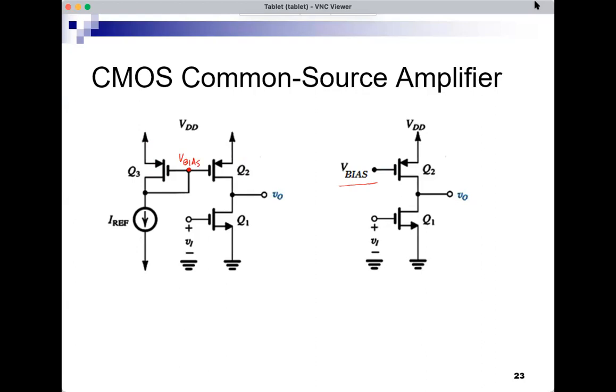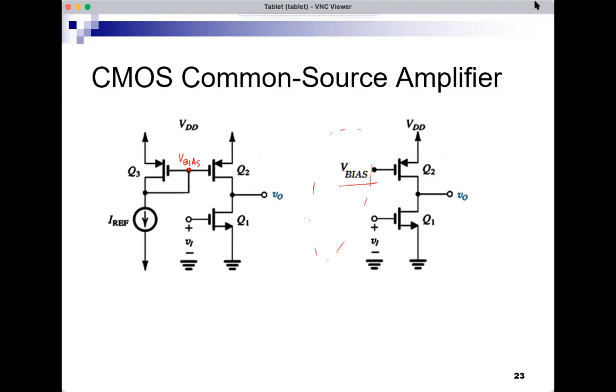And instead of showing the details, if you see a V bias connected to the gate of this MOSFET, then you know that there must be some other circuit that is setting this bias, and Q2 is acting as a current mirror, as a current source for Q1. So this is a simpler way to show the circuit.